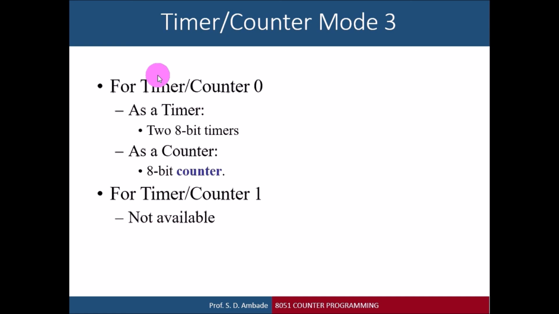So timer or counter 0 will act as two 8-bit timers, and whenever it works as a counter, it acts as an 8-bit counter only. But this is not applicable in the case of timer or counter 1. Only timer or counter 0 can be used in mode 3.